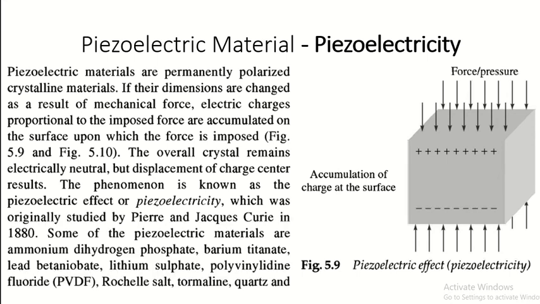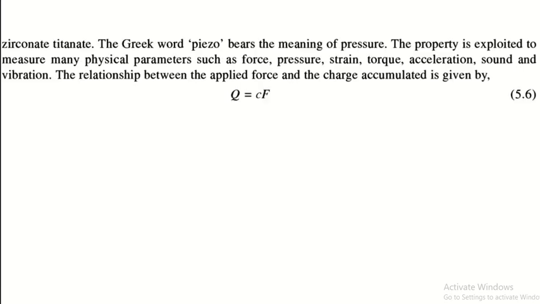This was originally studied by Pierre and Jacques Curie in 1880. Some of the piezoelectric materials are ammonium dihydrogen phosphate, barium titanate, lead niobate, lithium sulfate, polyvinylidene fluoride, PVDF, Rochelle salt, tourmaline, quartz, and lead zirconate titanate.